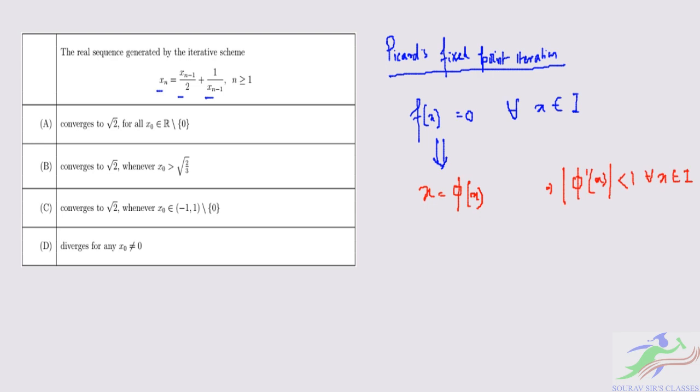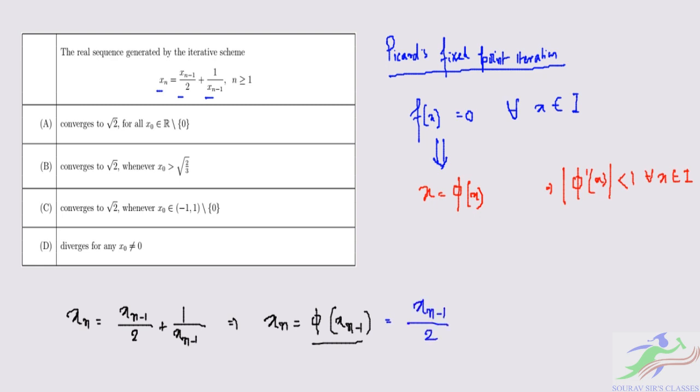Here the iterative scheme is given as x_n = x_{n-1}/2 + 1/x_{n-1}. We can write x_n as phi of x_{n-1}, and this will converge if phi of x_{n-1} is x_{n-1}/2 plus 1 upon x_{n-1}.